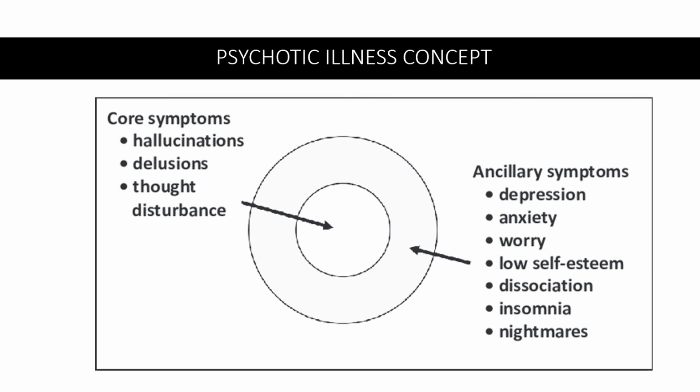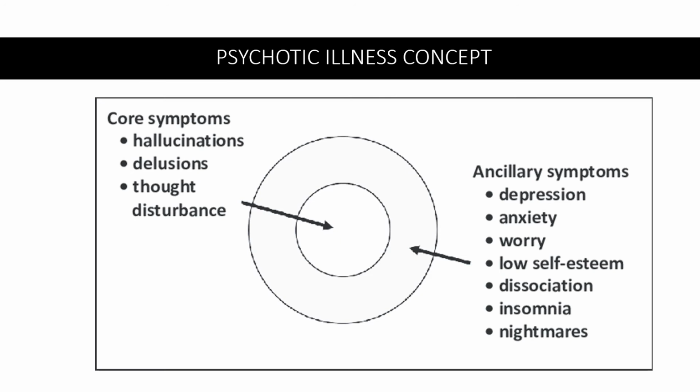And they often have pressured speech as well. They can have tangential thoughts, meaning thoughts that are going in one direction and then suddenly change to another direction and then change to another direction very quickly. So there's what's called a formal thought disturbance.